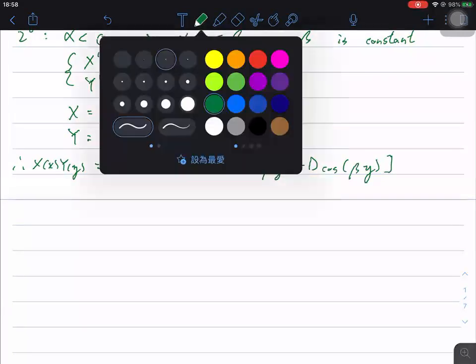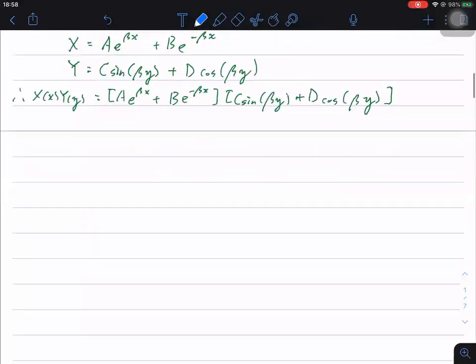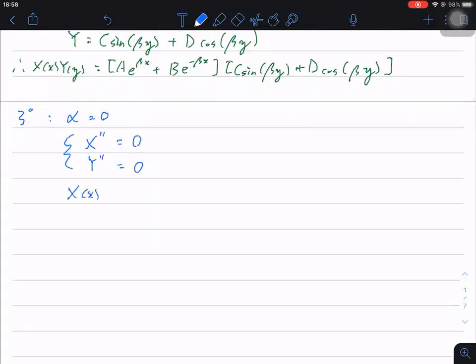Okay, so that's the solution of the second case. For the last case, alpha equals 0. So we simply have x double prime equal to 0 and y double prime equal to 0. And the solution is very easy to obtain.